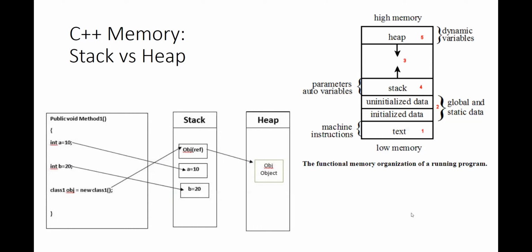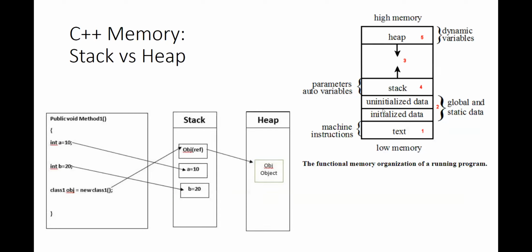Let's talk about stack versus heap. So if you recall, in C++, we have 5 different types of memory locations in terms of architecture. So we have very low level machine level instructions, and then we have some portion allocated for initialized data, some portion allocated for uninitialized data.